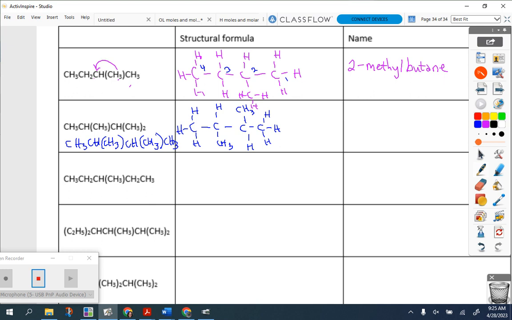It would be CH2CH3. That would be an ethyl group coming off somewhere. Okay? That's why I don't like this, because you wouldn't have something like this. It doesn't make sense to me. But in any case, now we have this structure.